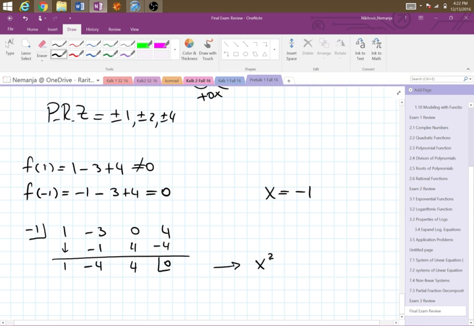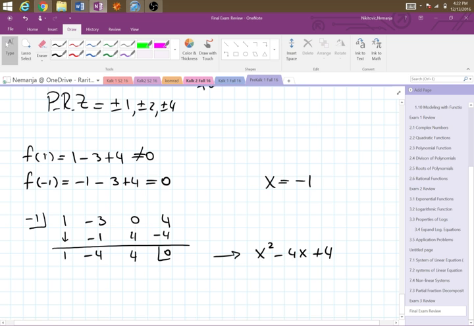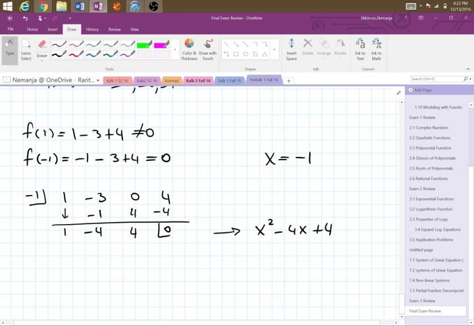So now we have x squared minus 4x plus 4. And then this one we can just hit with the quadratic formula. So it's 16 minus 4 times 4, which is 16, divided by 2. 16 minus 16 is 0. So we just have 4 divided by 2, which is 2. And multiplicity 2, because you have to have 2 roots.